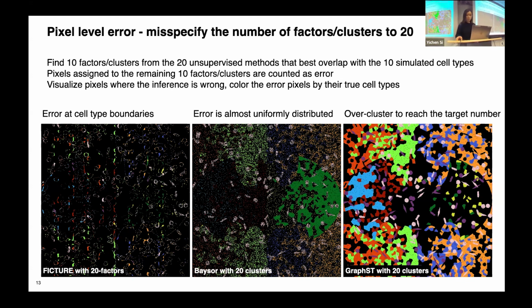For evaluation, we find the top 10 factors or clusters among the 20 that best overlap with the 10 simulated cell types. Any pixel assigned to something other than the top 10 factors is classified as an error. Here, FICTURE's error pattern does not change much, whereas the error rate increases for the other method, and GraphST tends to overcluster to reach the defined number of clusters.